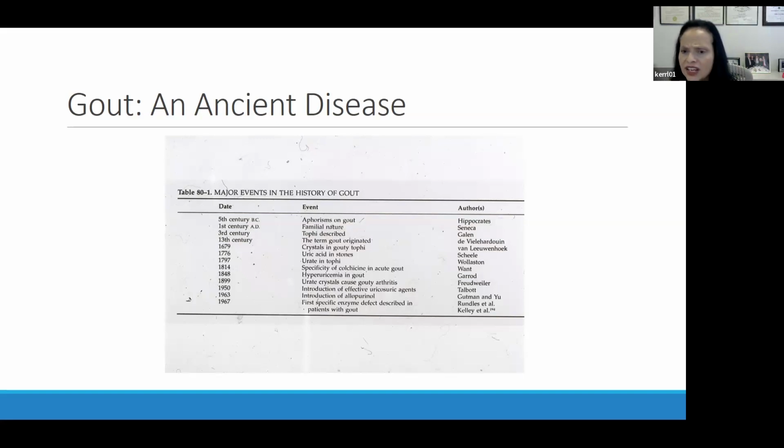The recognition that urate crystals cause an inflammatory arthritis, cause gout. And then many effective therapeutic agents introduced since the 1950s with allopurinol, developed originally at Mount Sinai, very much withstanding the test of time as it is our major uric acid lowering modality to this day.